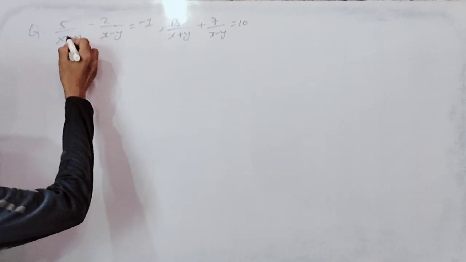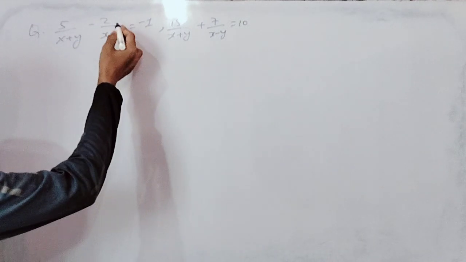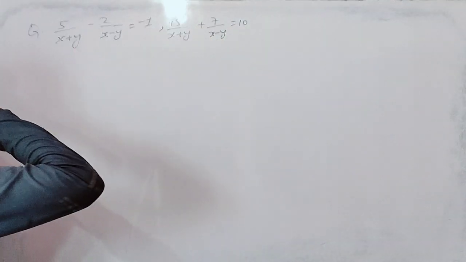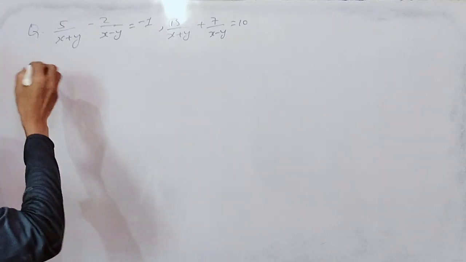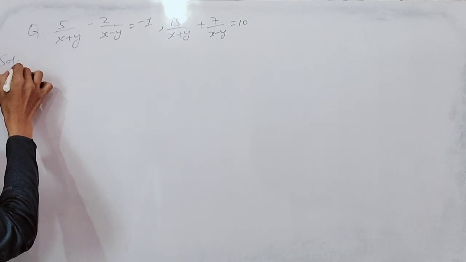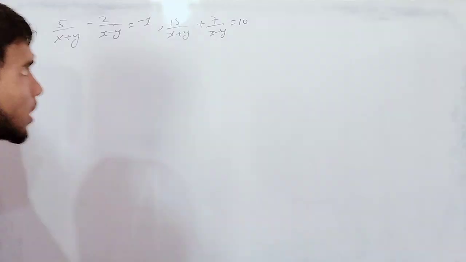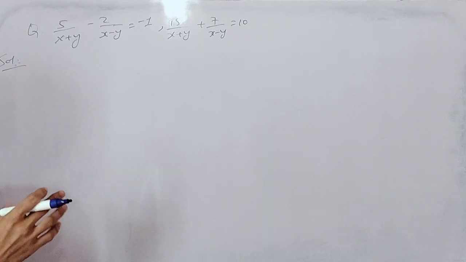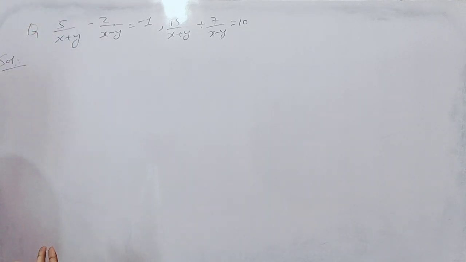Here you can see 1 upon x plus y, 1 upon x minus y. Here we have to apply the elimination method, the same, but the terms are changed.